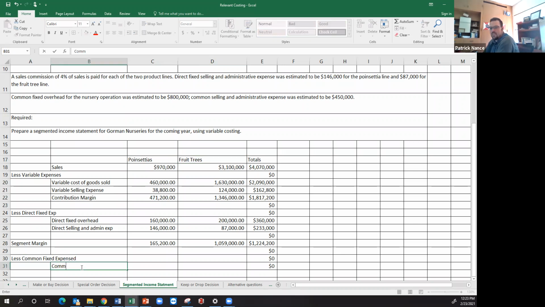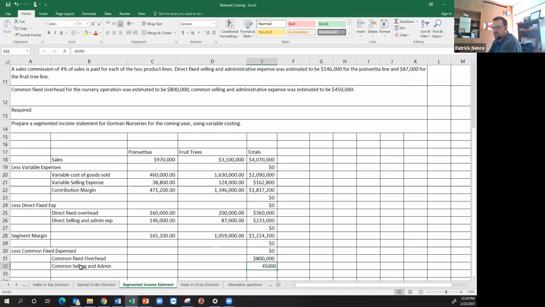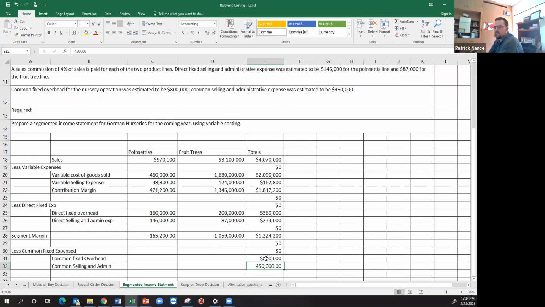If I'm making a relevancy decision, then it's different. So my common fixed overhead and my common selling and admin expense. I'm just going to put the totals over here on this line because they're only subtracted from the total anyway: 800,000 and 450,000. There's really no reason to separate them out because they are common fixed expenses.